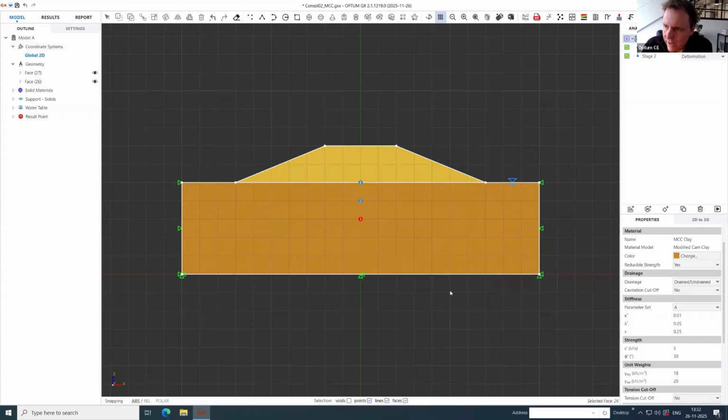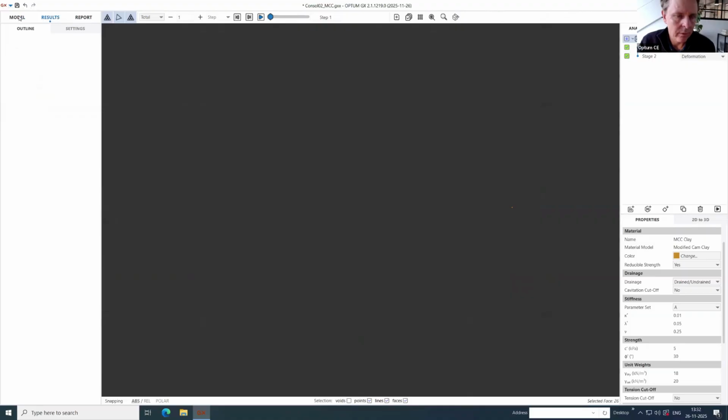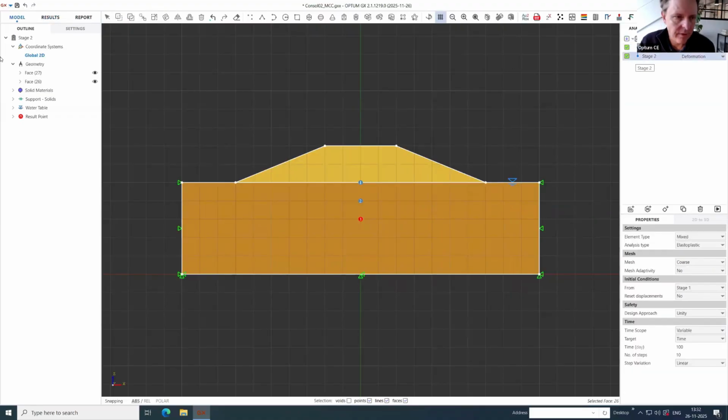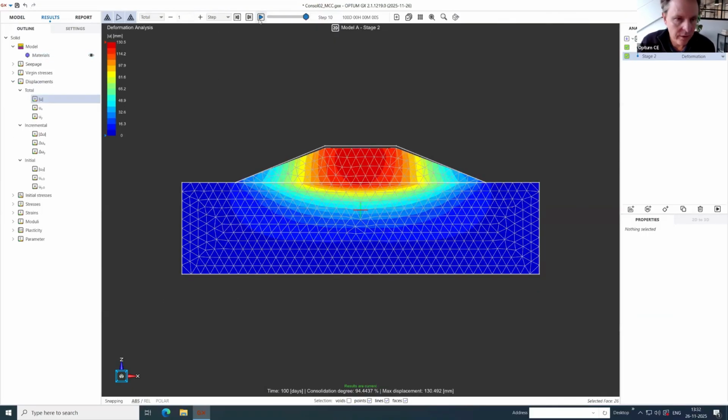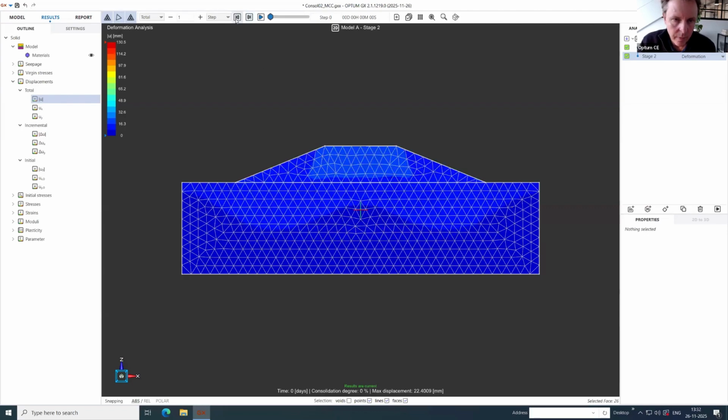So this also ran for 100 days, and with the deformation parameters I've just used, the default ones, we get somewhat larger displacements, I think, than before. 130 millimeters at the end.